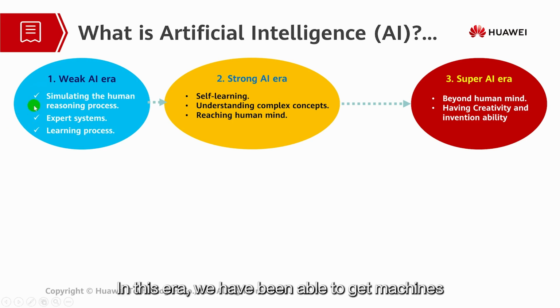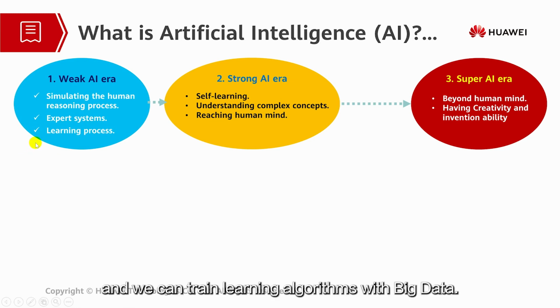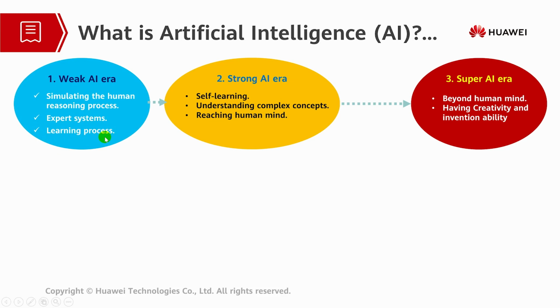In this era, we have been able to get machines to simulate the human reasoning process. We have developed expert systems such as Deep Blue, IBM Watson, etc. And we can train learning algorithms with big data.